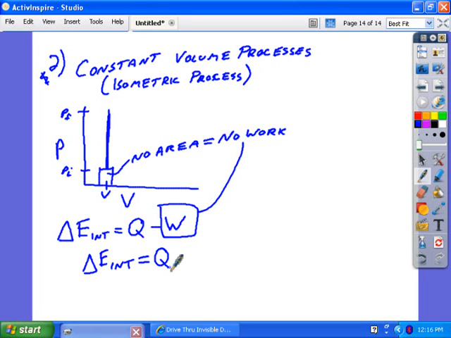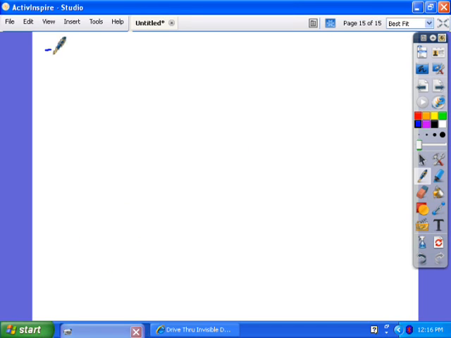So literally, change in internal energy is only going to be due to the heat in or the heat out. Nothing else is going to change it. Okay? Now the third one is what is called a cyclical process.